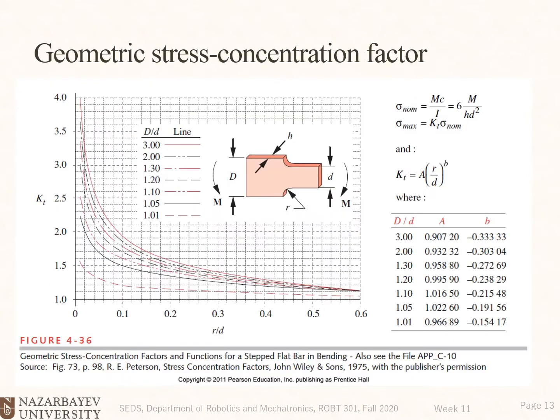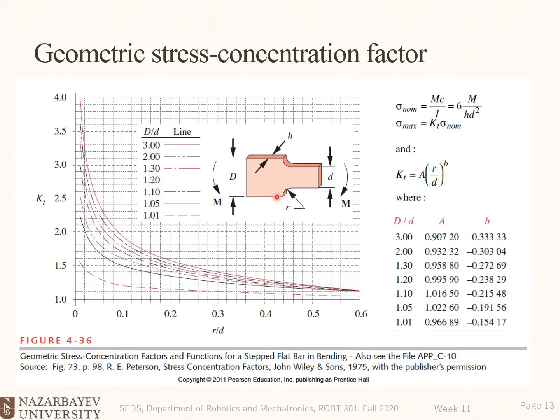And just as a reminder, in the appendix of the book you could find these types of graphs, from which you could calculate the geometric stress concentration factor, or static stress concentration factor. Either you could use these graphs or formulas and tables.